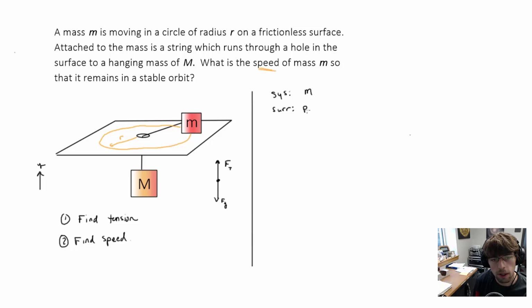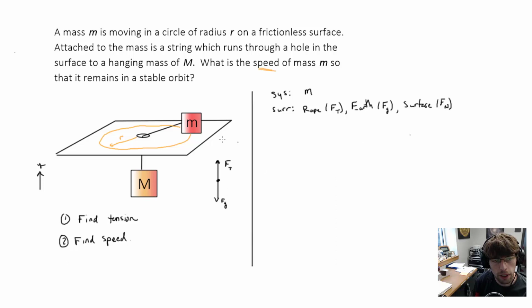And in the surroundings, we have the rope, which is the tension force, we have earth, which is the force of gravity, and we have the surface, which provides a normal force. Excuse me, notation, let's say Fn.